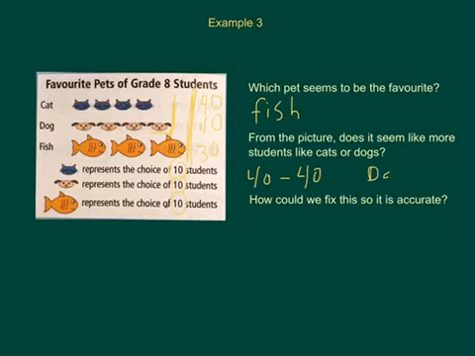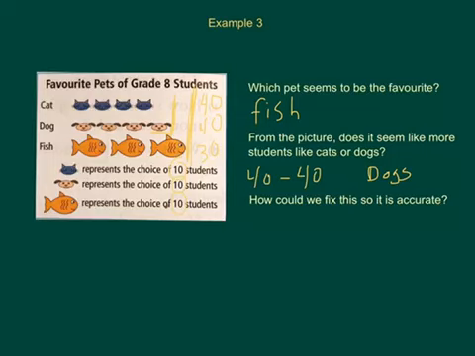So it would appear to be dogs. How could we fix this graph? The answer is kind of obvious: make each picture the same size, making sure the fish, dog, and cat are the same size, or having equal spacing, so we can see the actual graph. Fish would actually be far less in this graph.